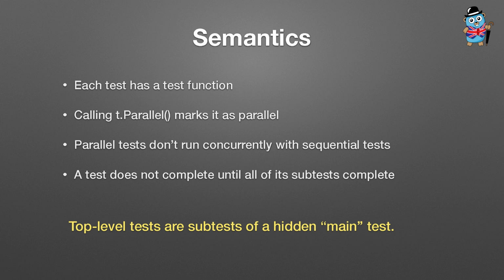That might schedule a bunch of parallel tests. As soon as this test function returns, but before Run itself returns, that's when all the parallel tests will be run. To give you an idea, the way it's implemented right now, all the top-level tests are just subtests of a hidden internal main test. So even the top-level tests are called by Run.